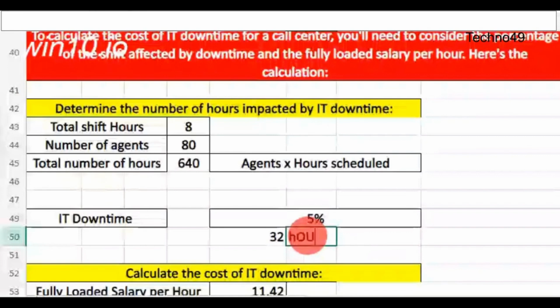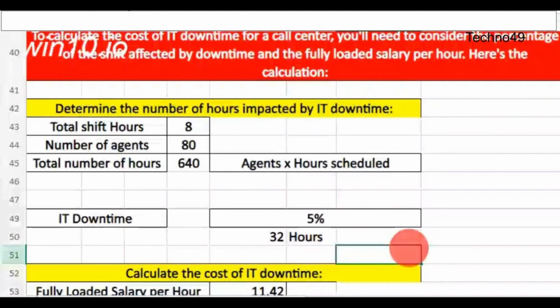So these 32 hours are 5% of the total 640 hours, which we calculated by multiplying total shift hours and the number of agents. In the question it was stated that we had 5% IT downtime of the total number of hours. So 5% of 640 is 32 hours. I hope this is clear till now.